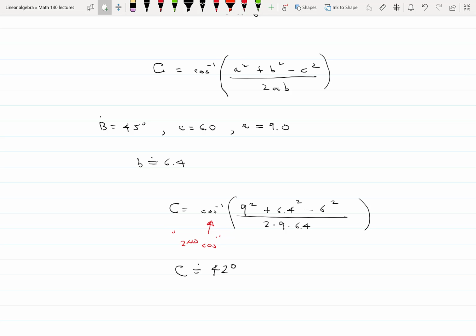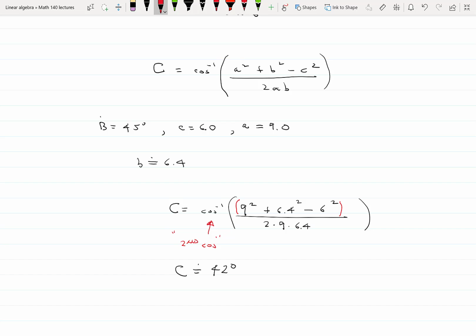If you're going to do this in one step, which I totally recommend, you're going to need to insert parentheses. When you push inverse cosine, the calculator will open the parentheses for you. So the open parentheses on the left-hand side is what you would enter. Then you would enter 9 squared plus 6.4 squared minus 6 squared.